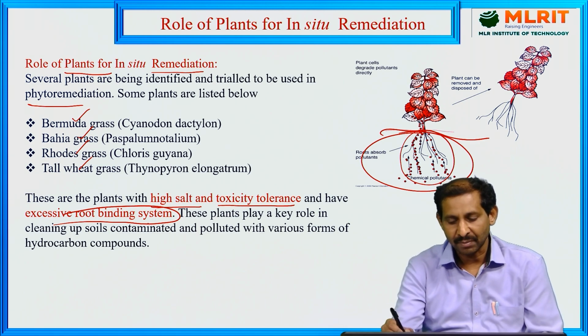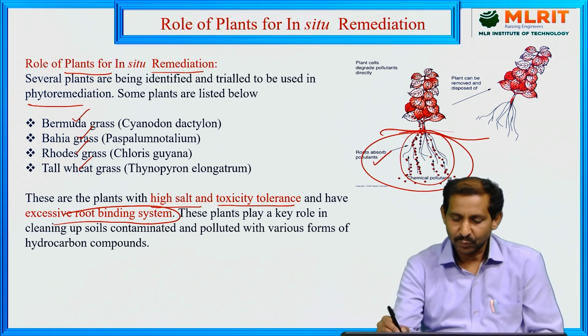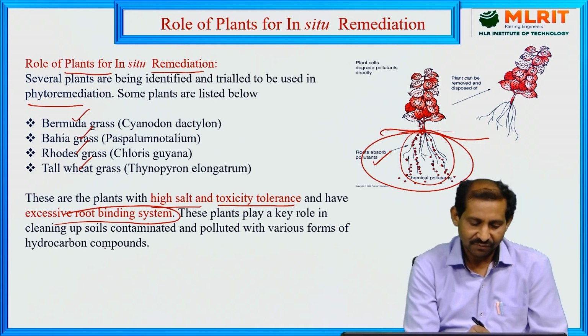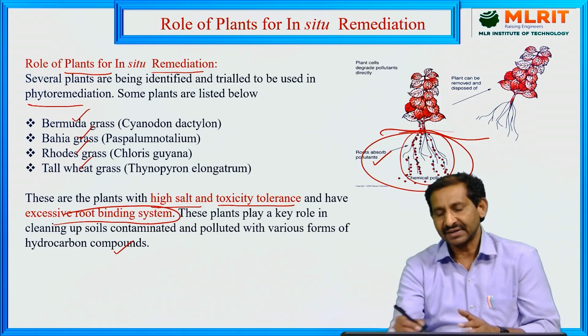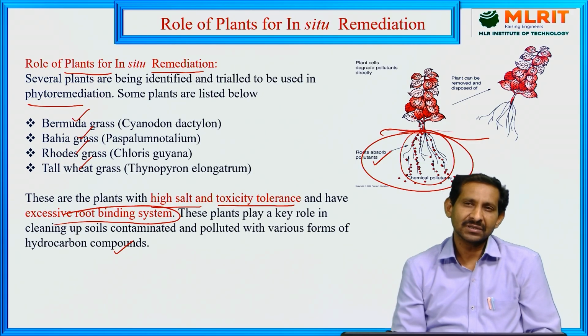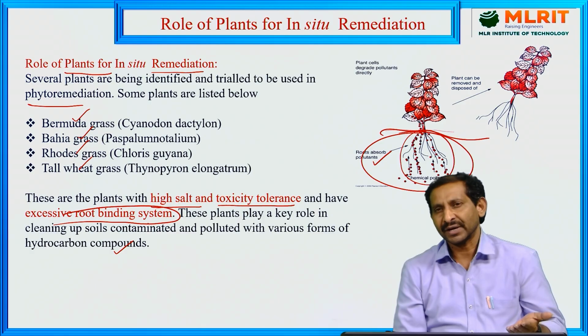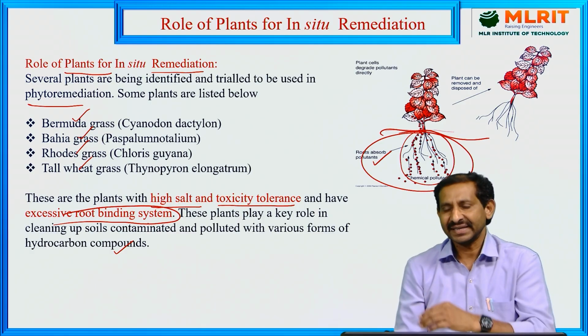The pollutants are absorbed and converted into various forms of hydro compounds. Once absorbed, they are completely removed from that site. Then the next process will be phytotransformation or extraction, isolation. The next step will be taken.